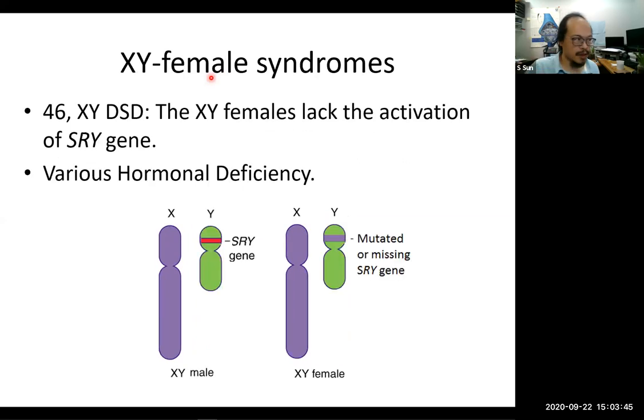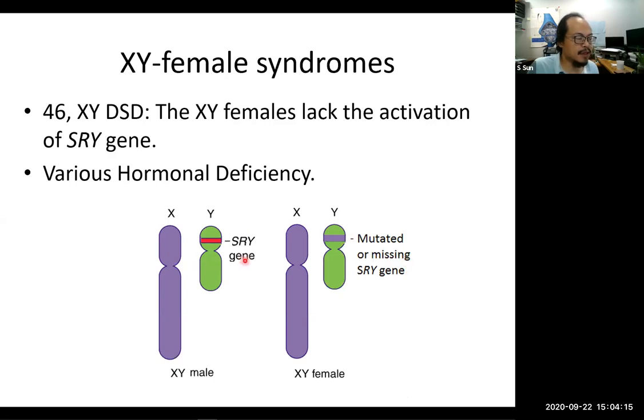We can also have the XY. 46 XY is supposed to be a male, but it's developed into a female. The reason is that its SRY gene is either mutated or missing in the Y chromosome.